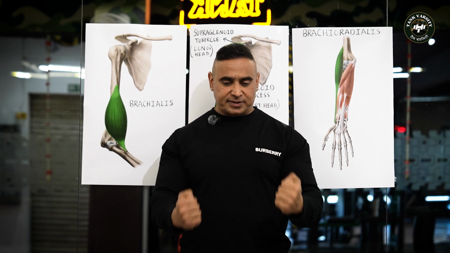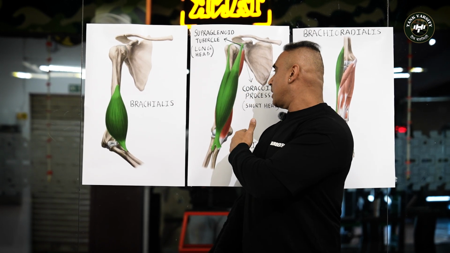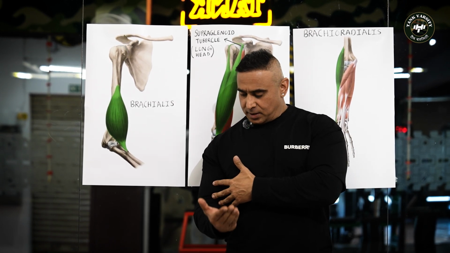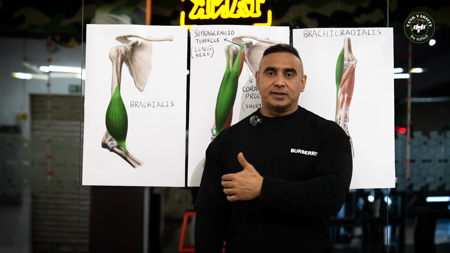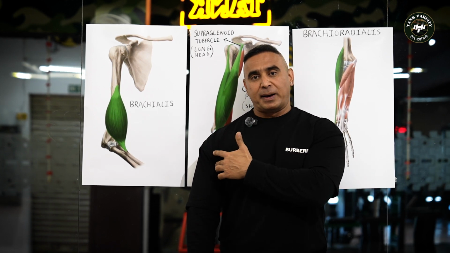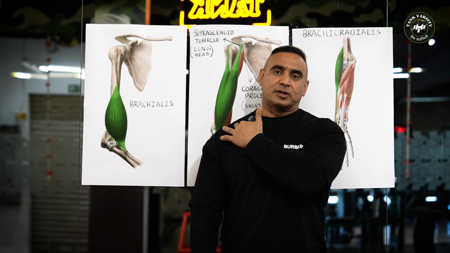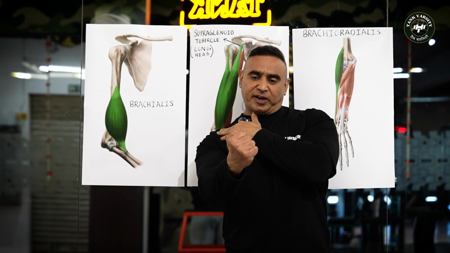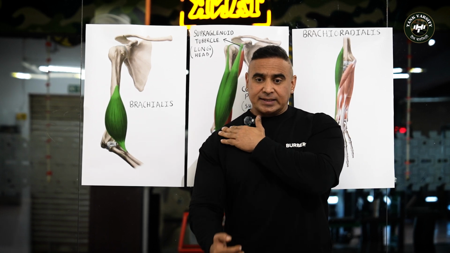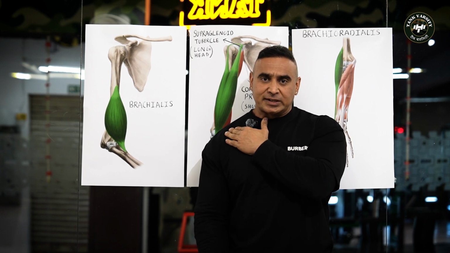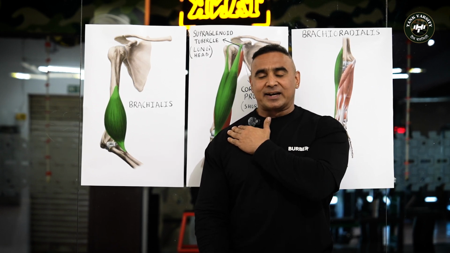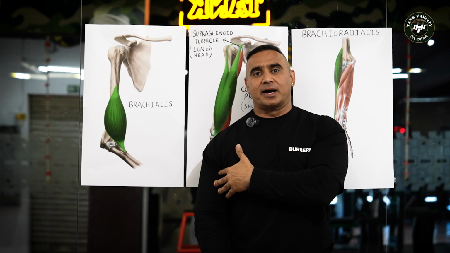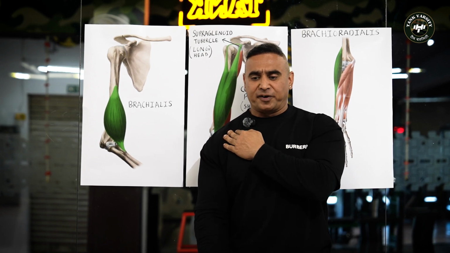Concentric fast, eccentric slow. Also, apart from the elbow joint, as we discussed, the biceps brachii crosses your shoulder too. So when you do a shoulder flexion, the initial part of the shoulder flexion is also contributed by the biceps brachii, only till 55 degrees.